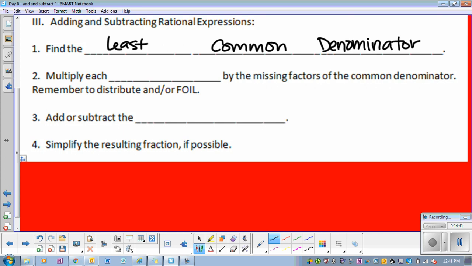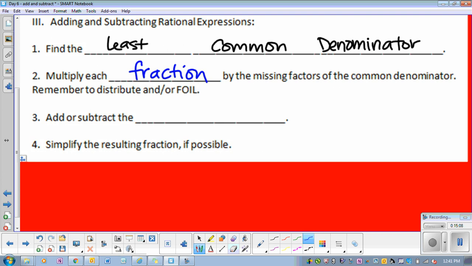And then after you find the LCD, you're going to multiply each numerator. Remember how we did with the numbers? Or I guess multiply each fraction. Multiply each fraction by the missing factors of the common denominator.